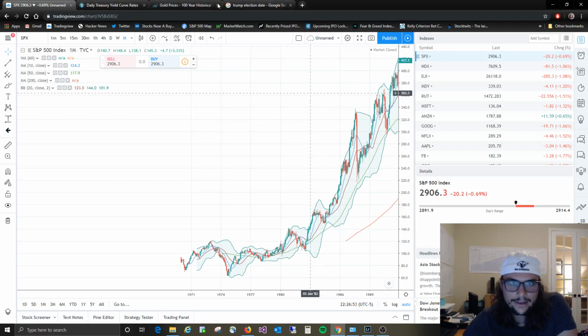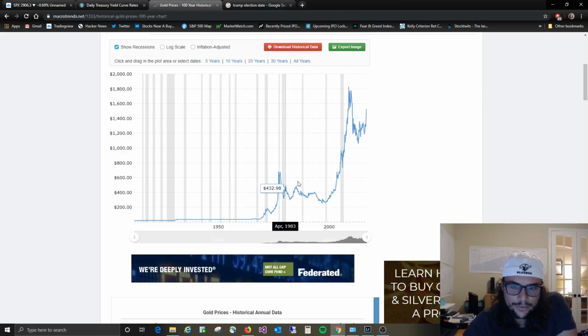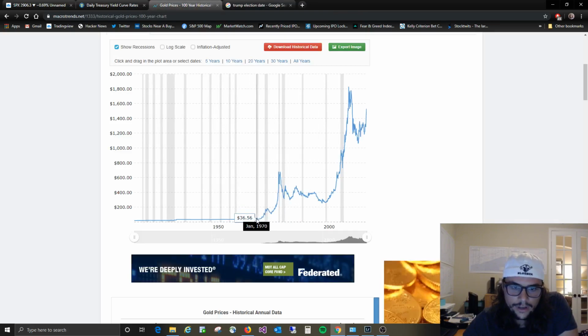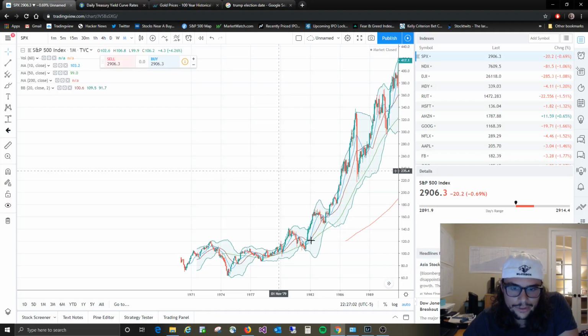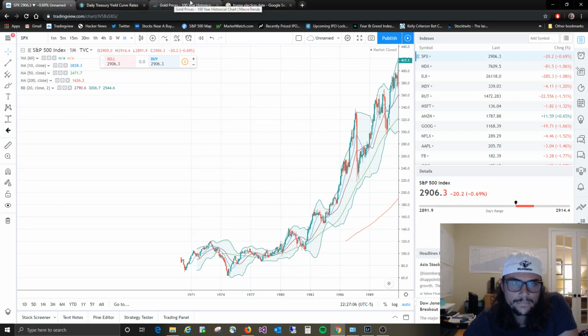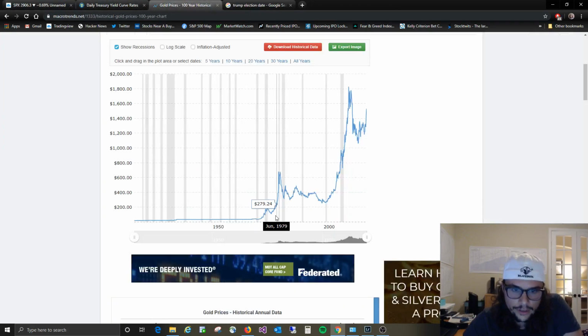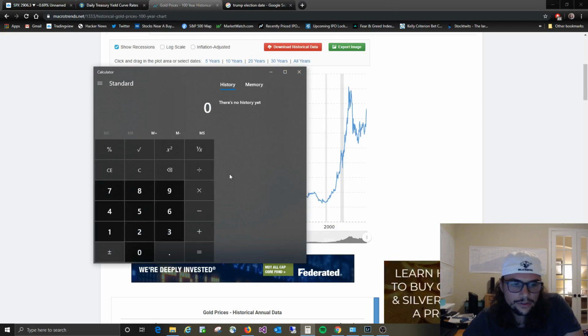I'm pulling up this chart because the gold on TradingView doesn't go back that far. But from 1970 to 1980 on the long-term gold chart, 1970, right here, 36, 1970 to 1980, 677.